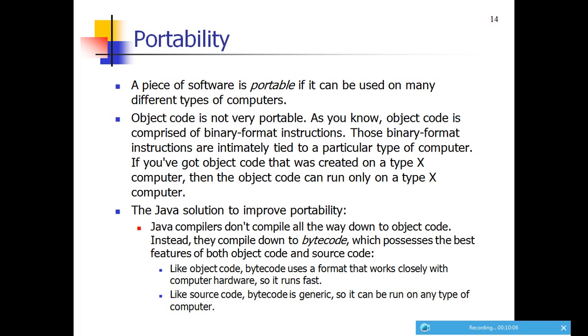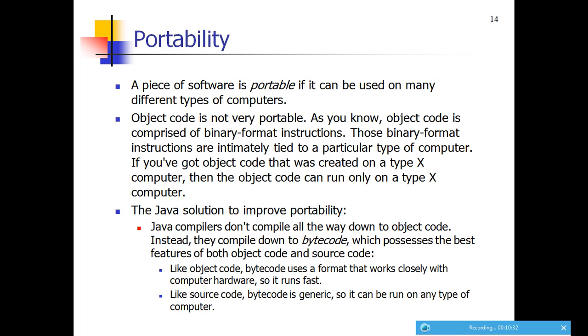As you know, object code is a compromise of binary format instructions. Those binary format instructions are intimately tied to a particular type of computer. If you have object code that was created for one type of X computer, then the object code can run only on that type of X computer.